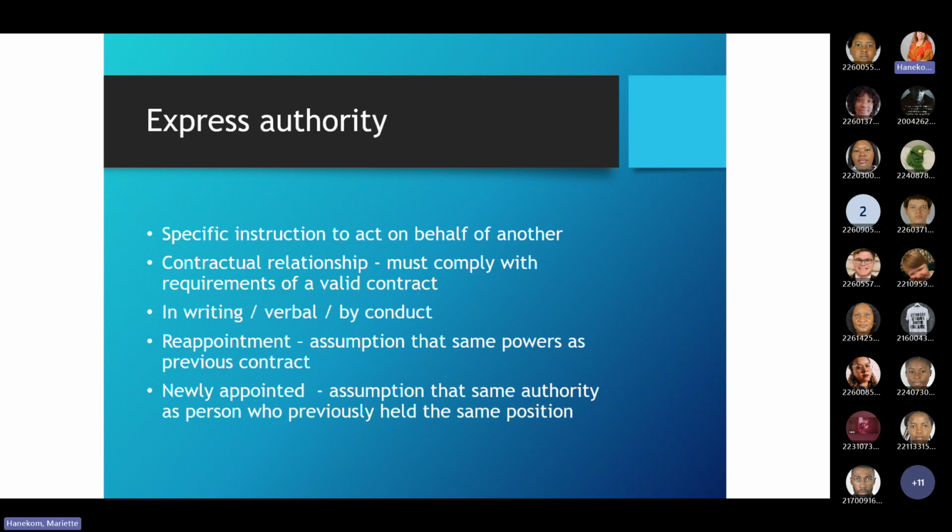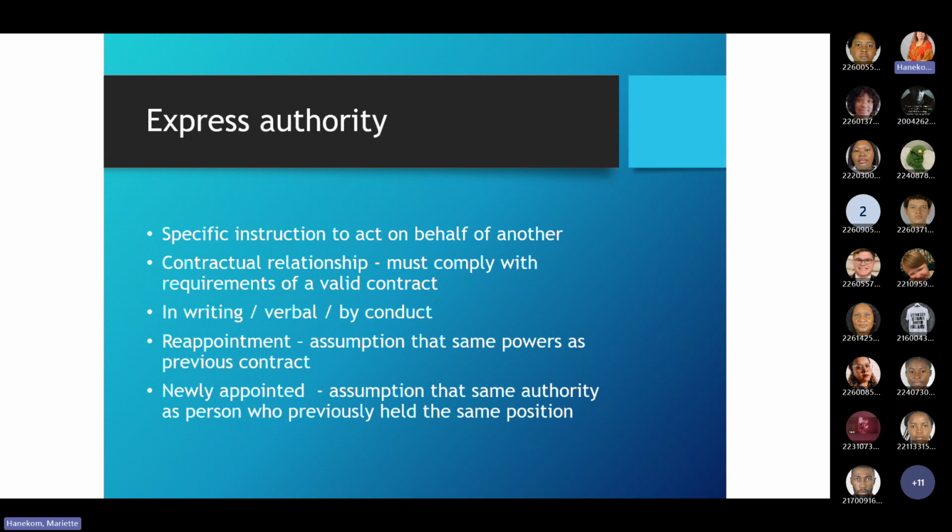When I appoint Hedvig as my agent, or let's say Jane, we used Jane just now, Jane represented me. When I appointed Jane as my agent to go and buy the car, that is express authority. I gave her an instruction. Jane, buy Hedvig's car for me for 300,000.